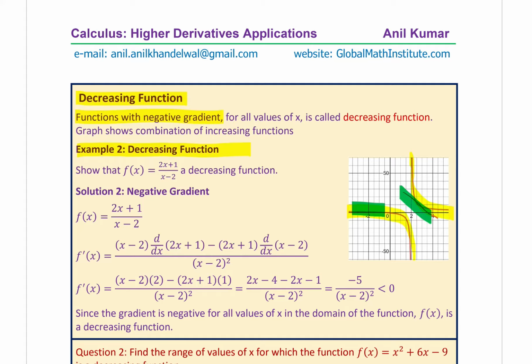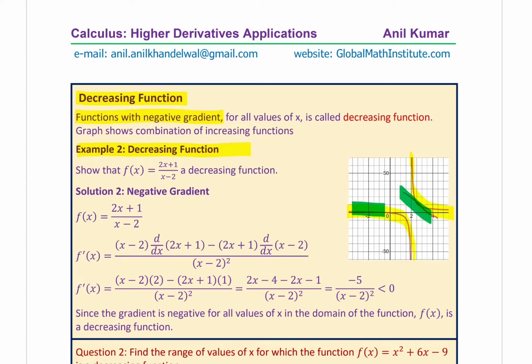Function with negative gradient for all values of x is called a decreasing function. Perfect. So graph shows normally combination of increasing functions, but here we have all decreasing, correct? So all throughout, if it is decreasing, then the gradient will always be less than 0.